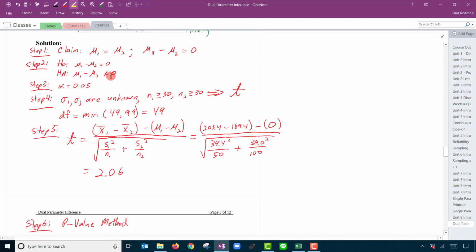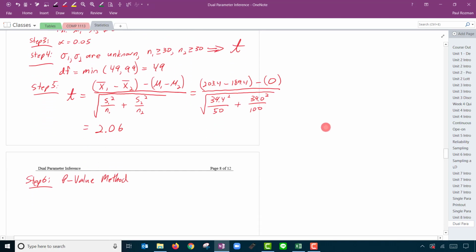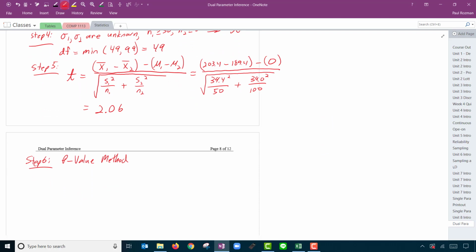And by different meaning it could be above or it could be below. We're using the t-distribution. We have our test statistic of 2.06. And because it's two-tailed, we'll put negative 2.06 there too.